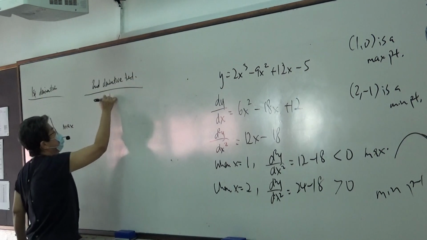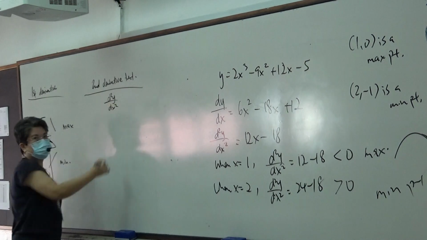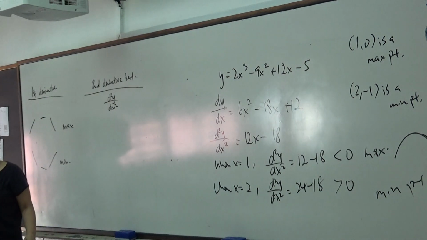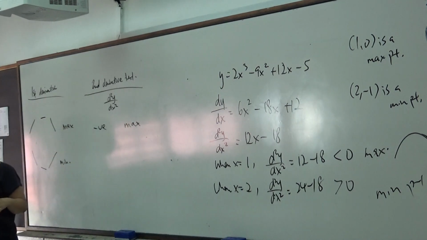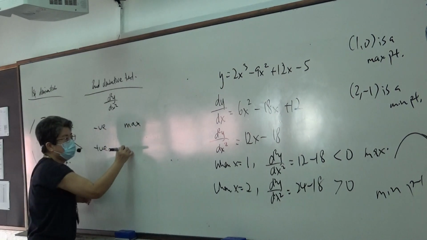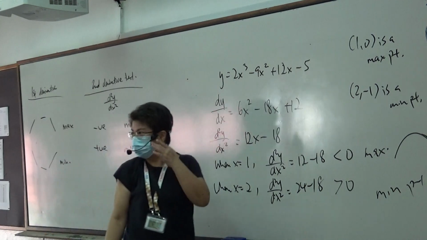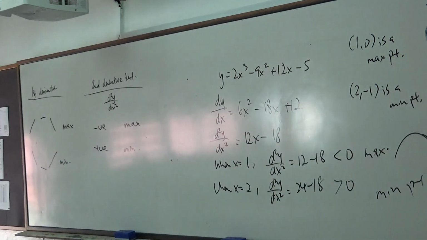Second derivative test means you look at d2y/dx². If it's negative, it's a maximum point. If it is positive, it is a minimum point. Okay?